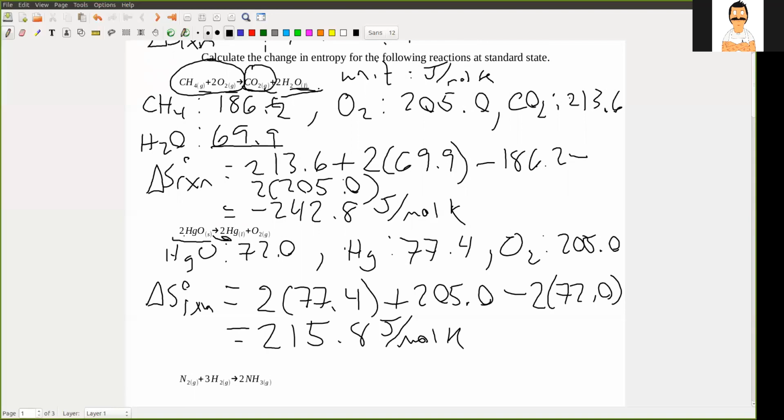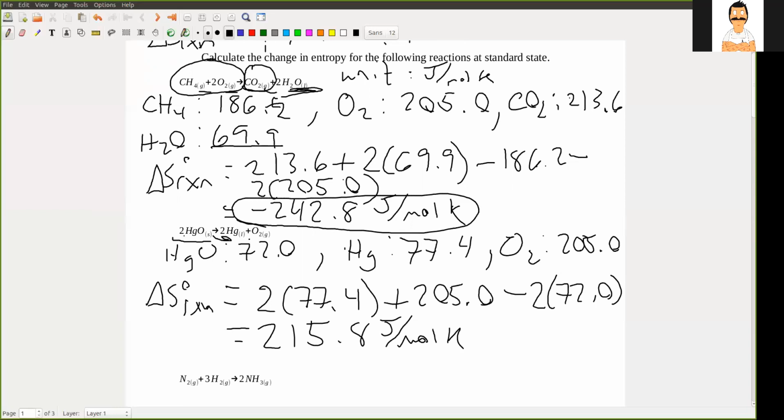So this change decreases the number of microstates involved, so that decreases the entropy, and that's why we ended up with a negative entropy here.